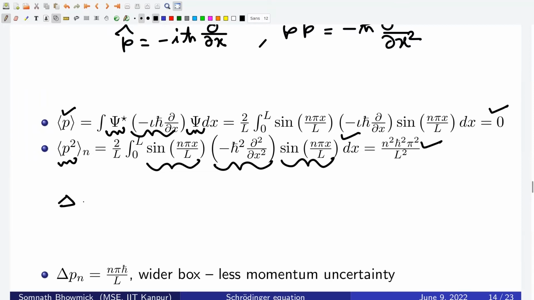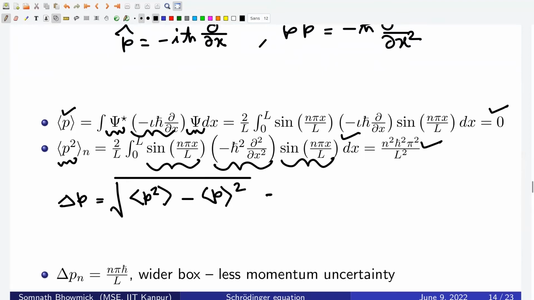Thus, we can write momentum uncertainty as the square root of p square average minus p average square, and that will just turn out to be, since this part is 0, the square root of n square pi square h cross square by L square.